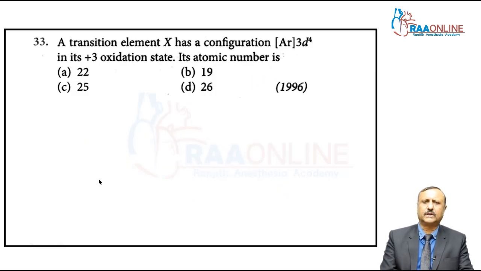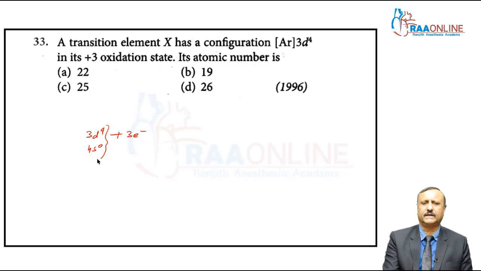My dear students, we can go to question number 33. This question came in NEET 1996. Here the electronic configuration is 3d4 in its plus 3 oxidation state. If 3d4 in plus 3 oxidation state, you add these 3 electrons, and 3d4 4s0 is obviously there, because electrons are removed from s orbitals. So 2 electrons go to 4s2 and 3d5.